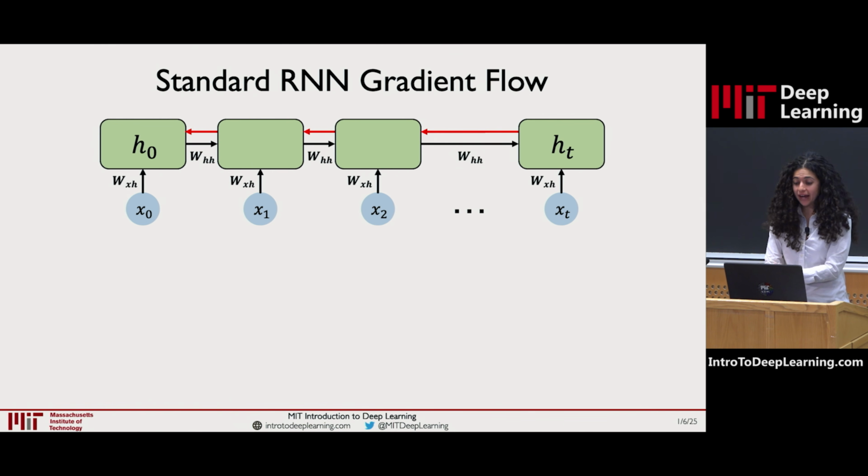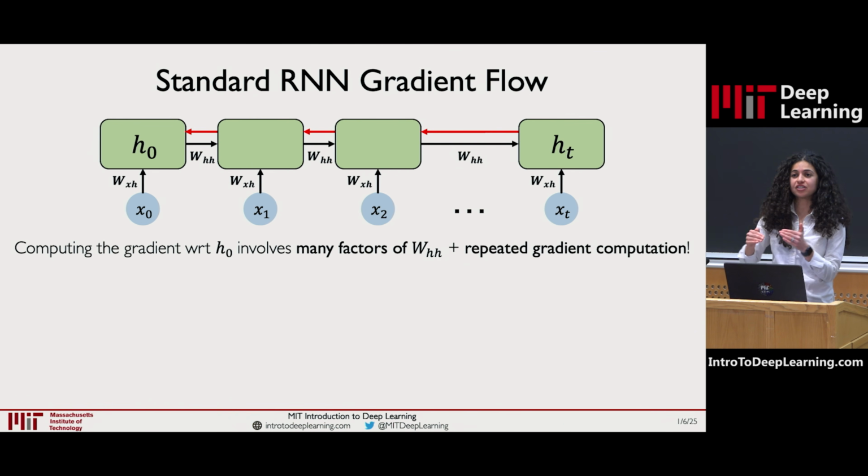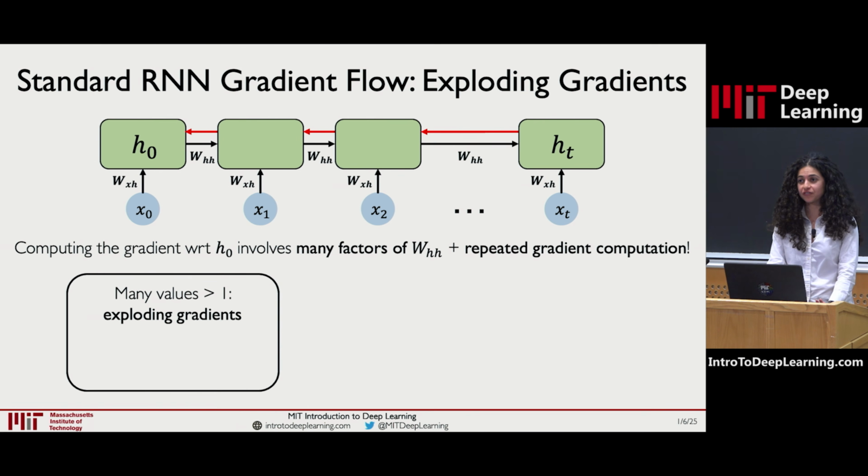What this means practically is that you can have this chain of very repeated computations, multiplying a weight matrix multiple times with itself, as well as repeated use of the derivative of the activation functions in these networks. That can pose some very practical challenges, which for the sake of time we're not going to go too deep into.